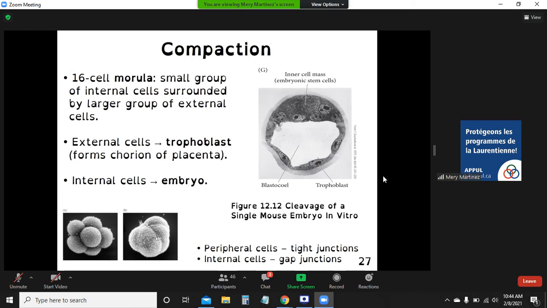So they can become vampires somehow. Okay, so the chorion plays a very important role because the chorion also secretes a set of hormones forcing the mother not to reject the embryo by regulating the immune system of the mother.